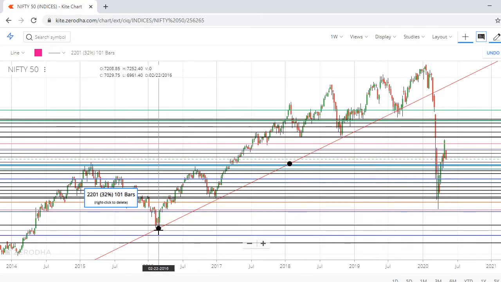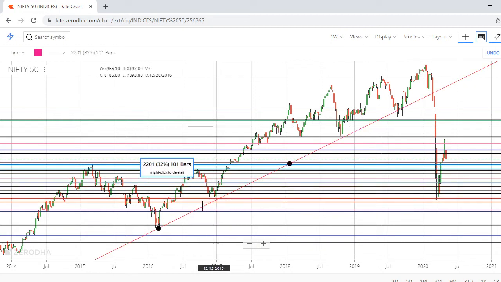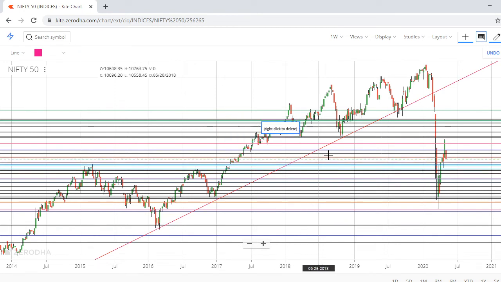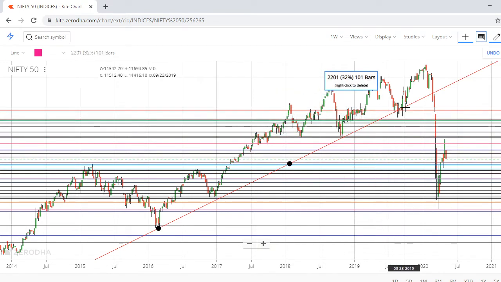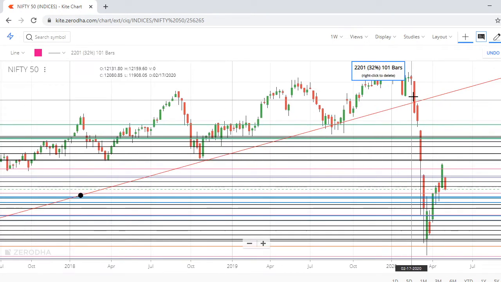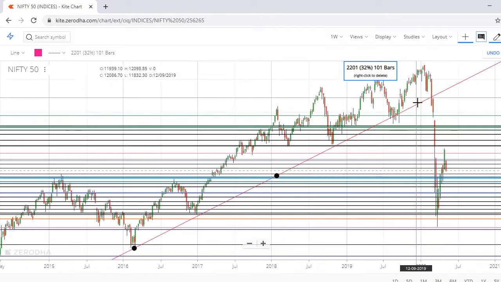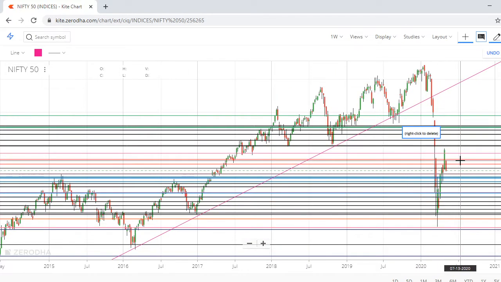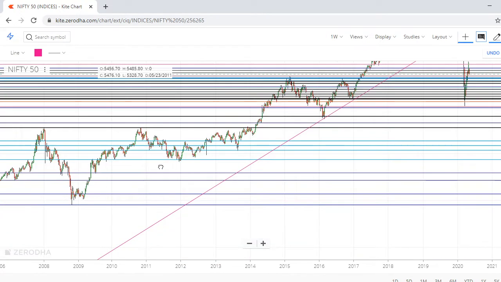See, in 2016 it took the support, that support was maintained up to almost 1 year, 2017. Again in 2017 it took the support, maintained up to 2018, took the support in 2019. There it broke with good volume this year. After that, solid fall. That's all you can see like this. Yeah, this is the beauty of trend lines.